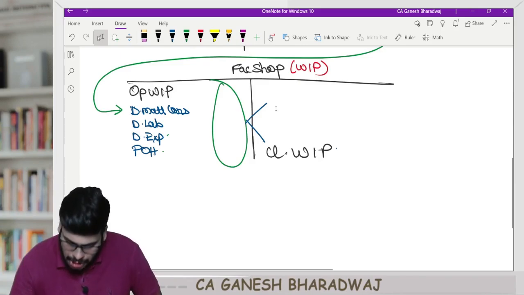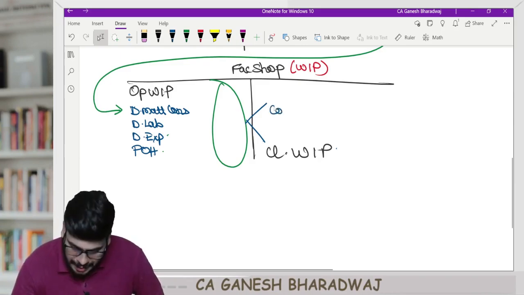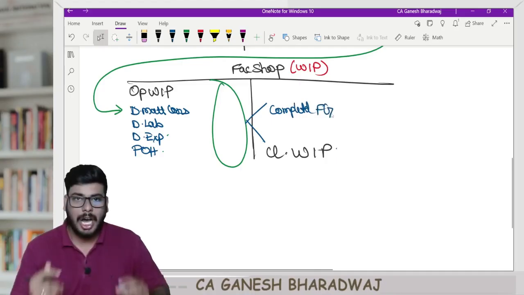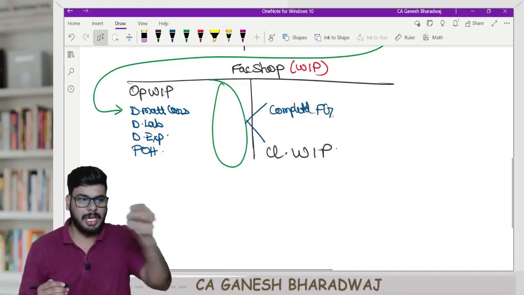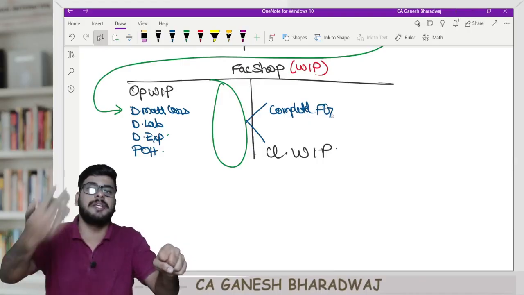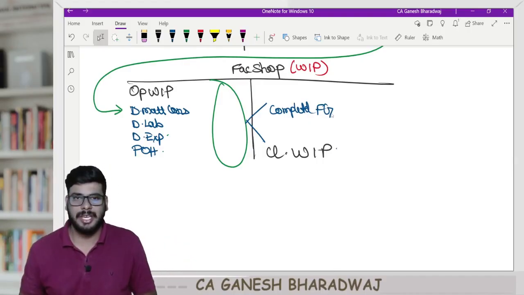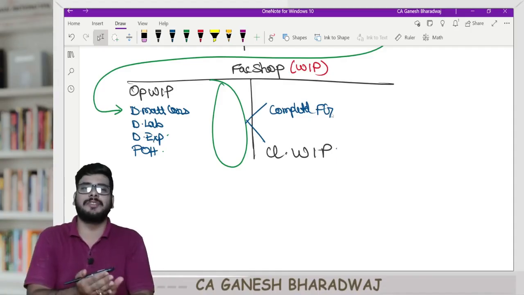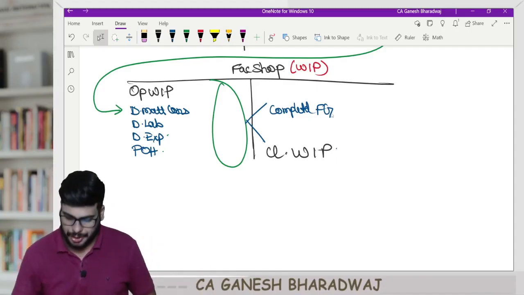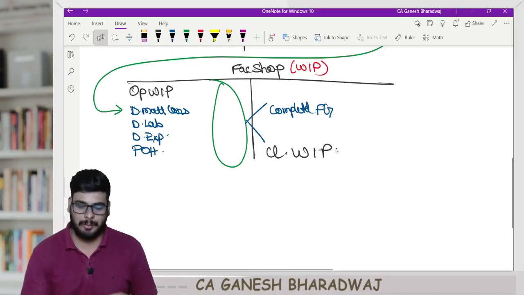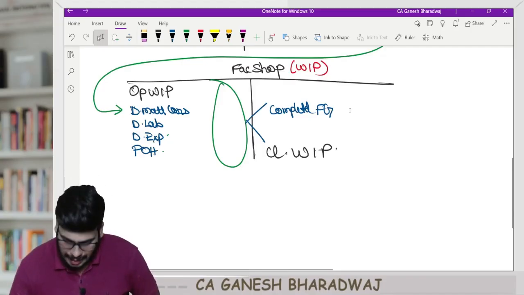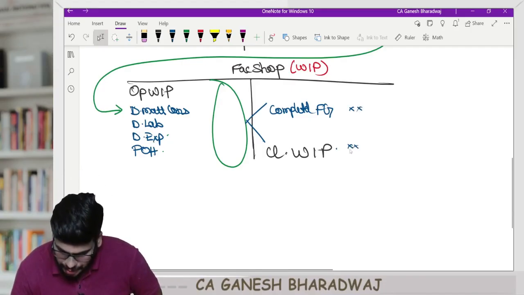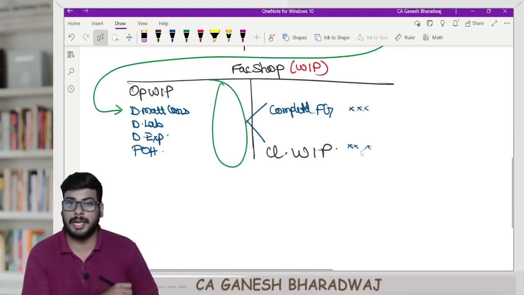One is your completed FG, that is, a portion of these costs is incurred towards units completed and transferred as FG, while some units I would have started working on but at the end of the period I might not have completely finished. That lies in your closing WIP. Are you clear with this, guys? So this is how it looks.